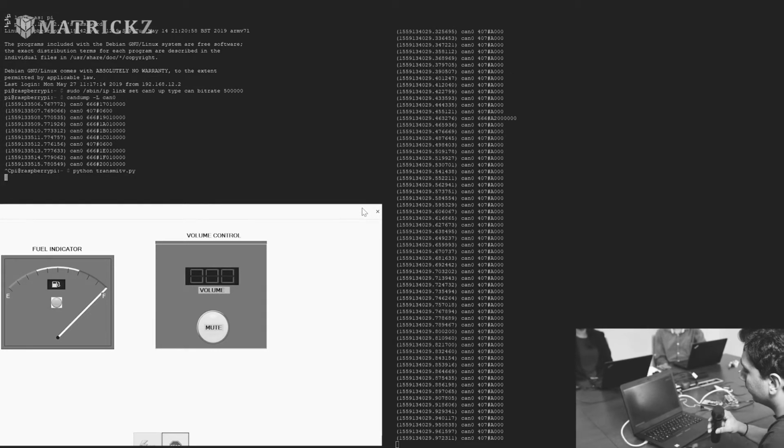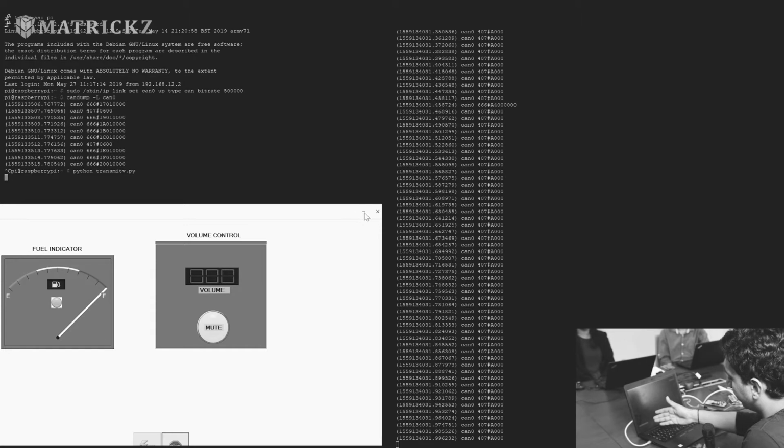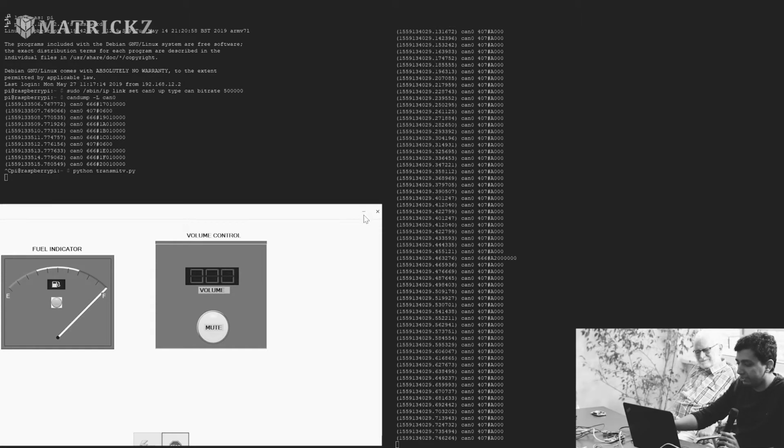Now when we run the script, the Raspberry Pi overrides the actual ECU and sends out a fake fuel status to the cluster, and the driver cannot know that he's running out of fuel.